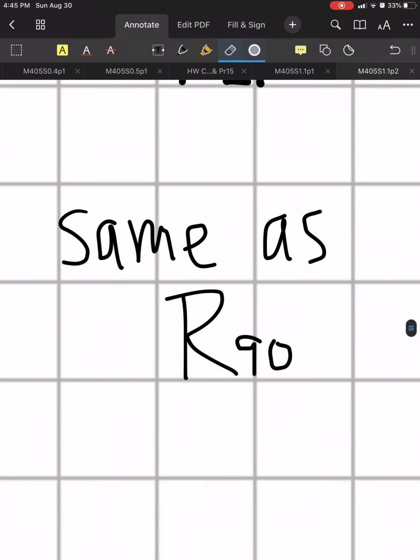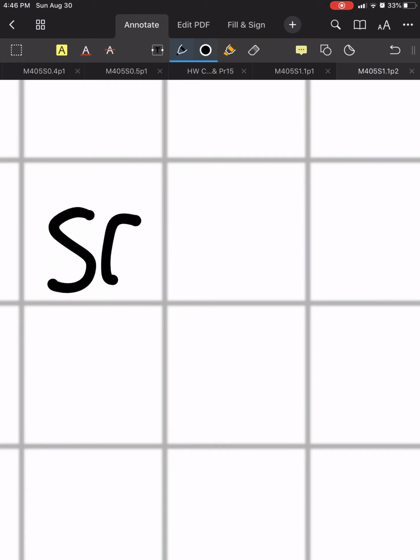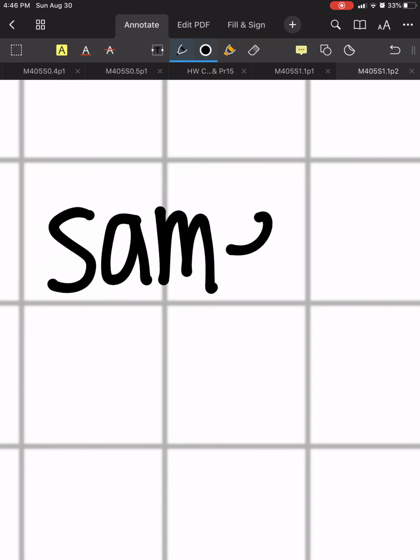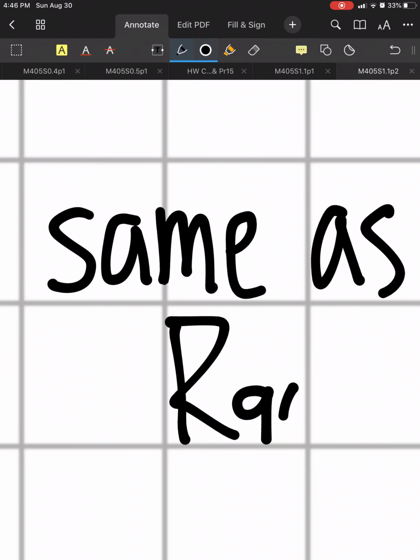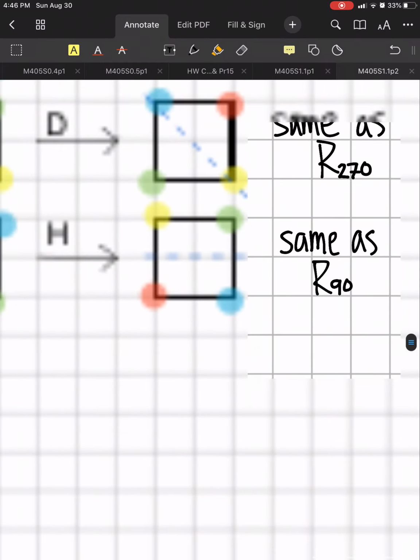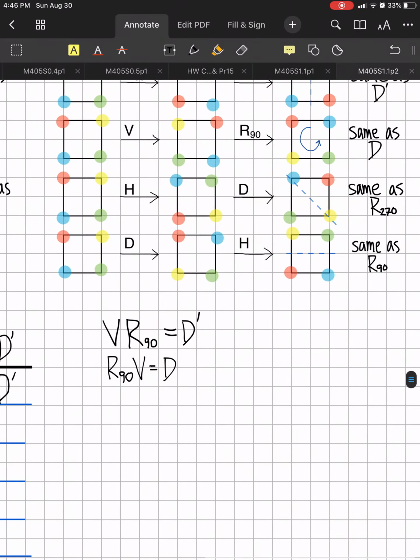And this one down here was the same as R90. If we do those down here in the appropriate order.